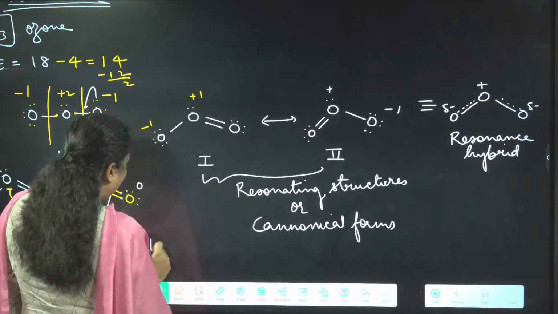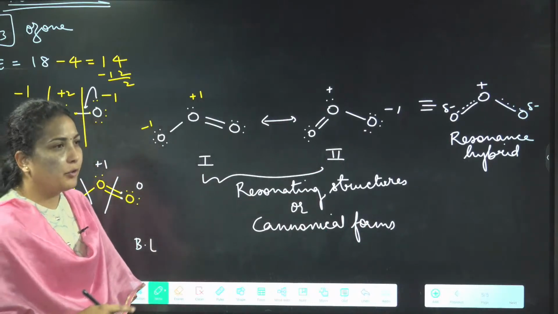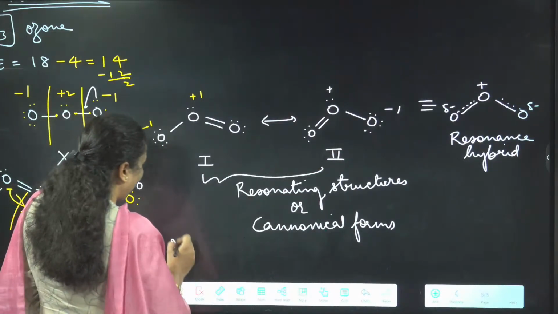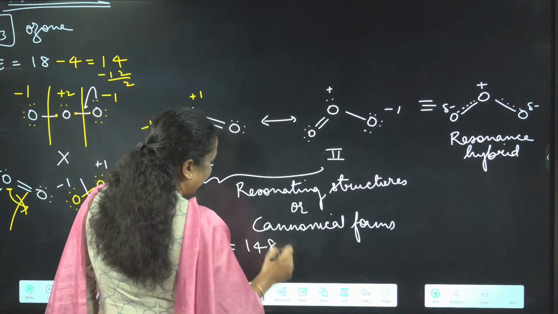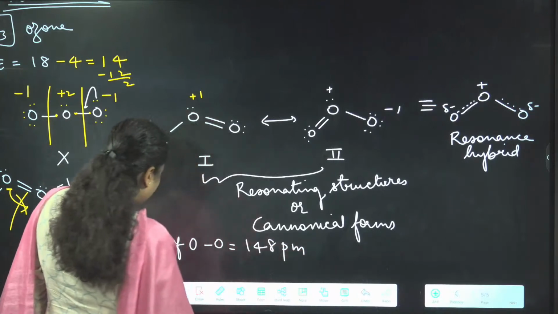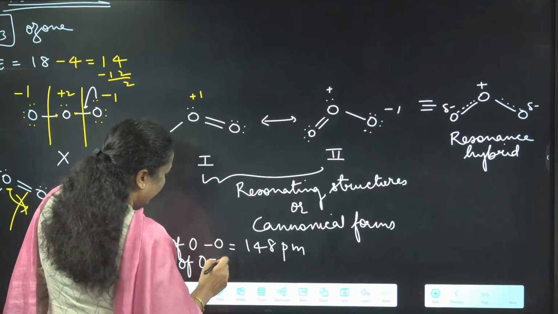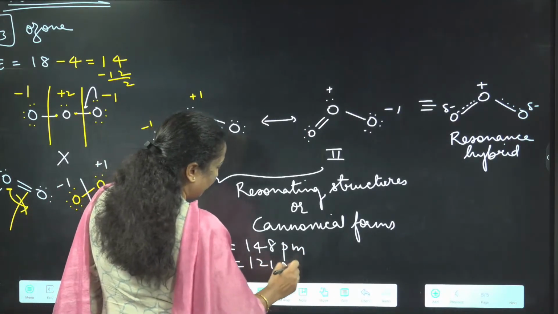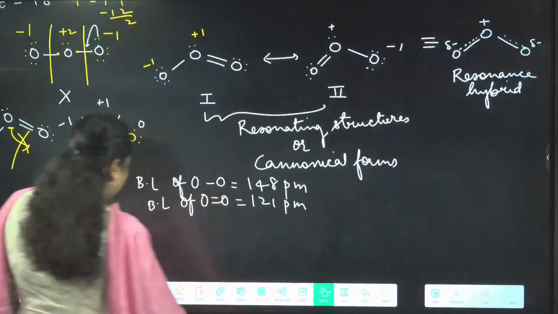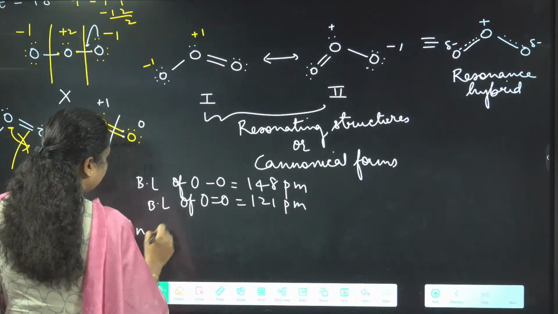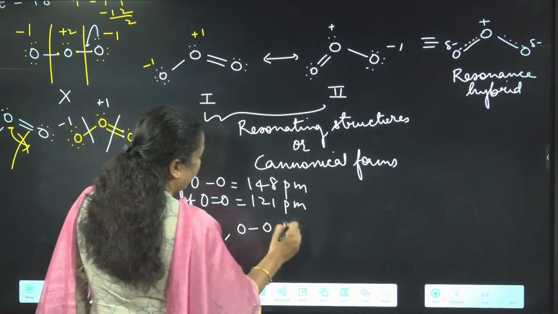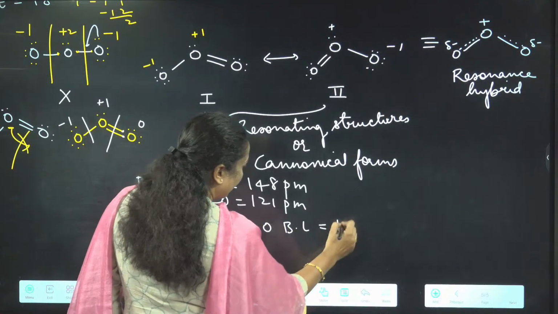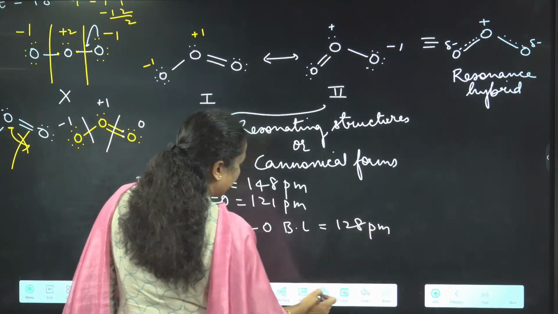So basically, if only one structure existed for this ozone, the oxygen bond lengths should have been of 2 types. One is 148 picometer for the single bond, and the oxygen double bond was 121 picometer. But in reality, the oxygen bond length which we got was only 1, and it was intermediate between these two.